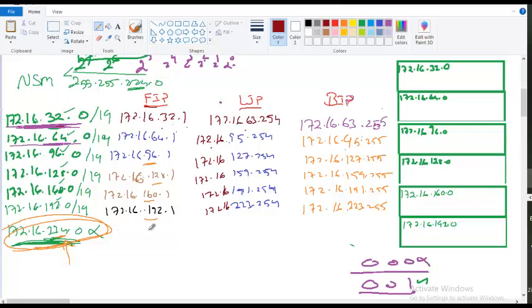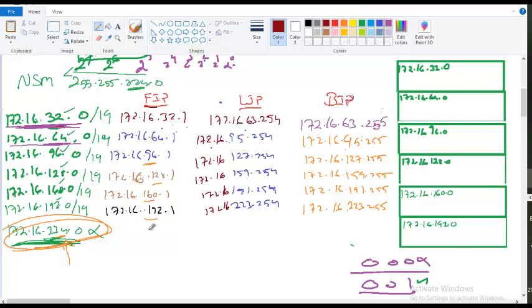Yes, sir. You comfortable? You don't have any question? So if you're given like 172.16, which is a subnet mask of slash 16, 16 network, you don't start from 172.16.0.0.